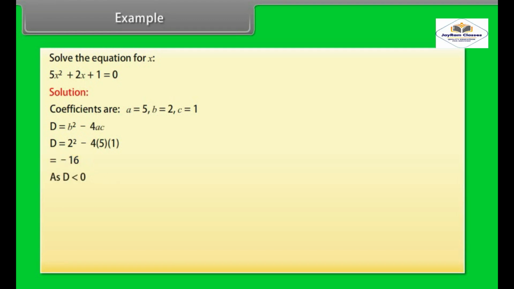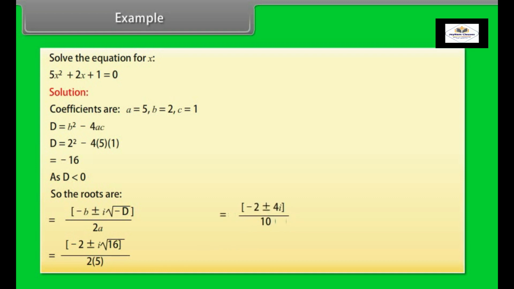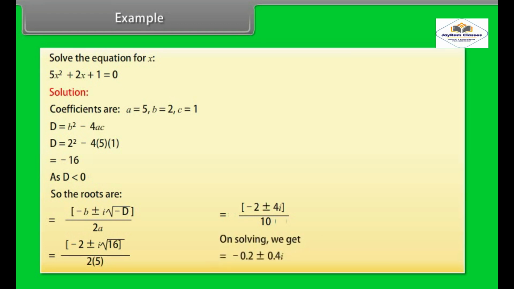As D is less than 0, so the roots are x is equal to minus 2 plus or minus iota under root 16 by 2 into 5 is equal to minus 2 plus or minus 4 iota by 10. On solving, we get x is equal to minus 0.2 plus or minus 0.4 iota.